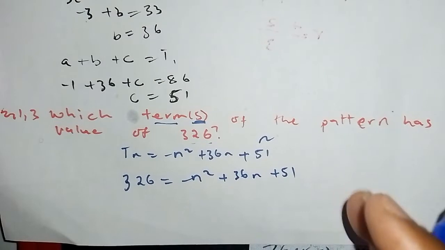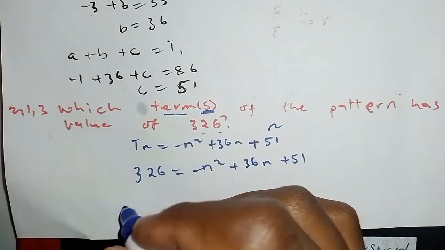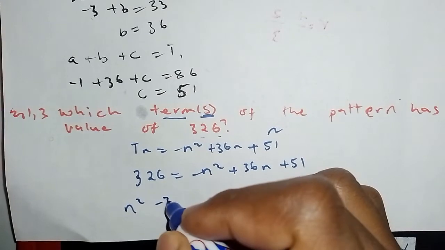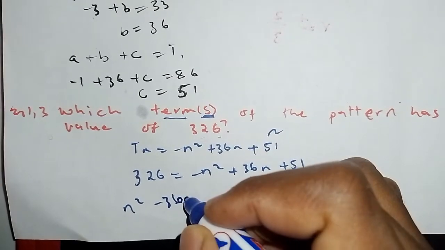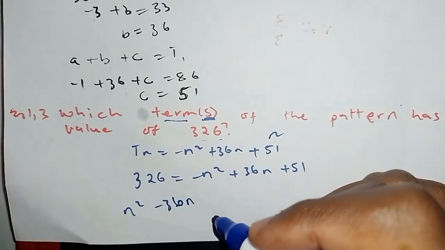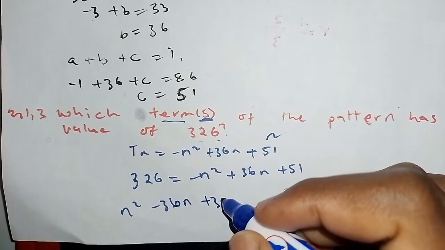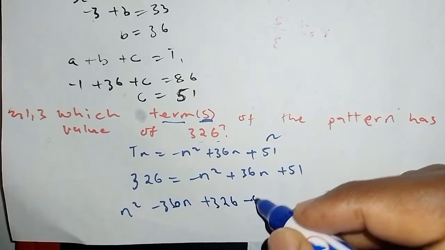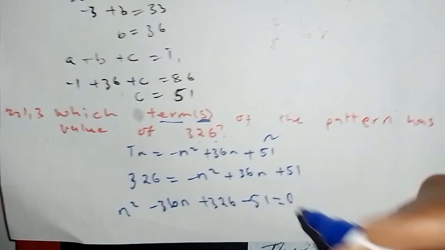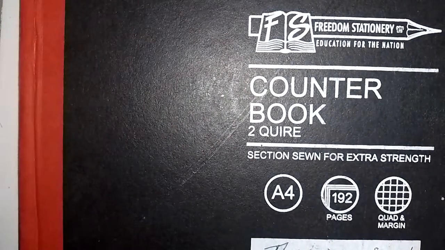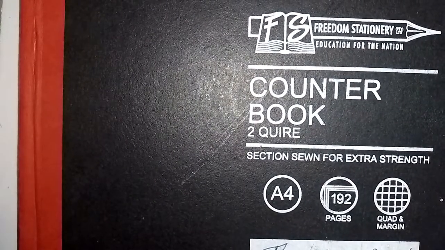Group everything and take them to the right. I'm going to have n squared minus 36n plus 326 minus 51. This is giving me 0, right? Okay, let me turn to the other side. Where's the other paper? Okay, here.